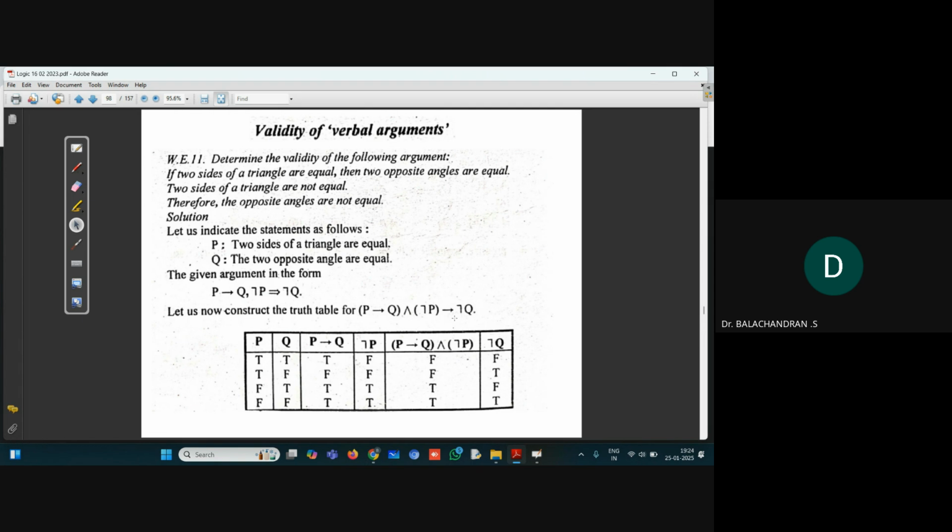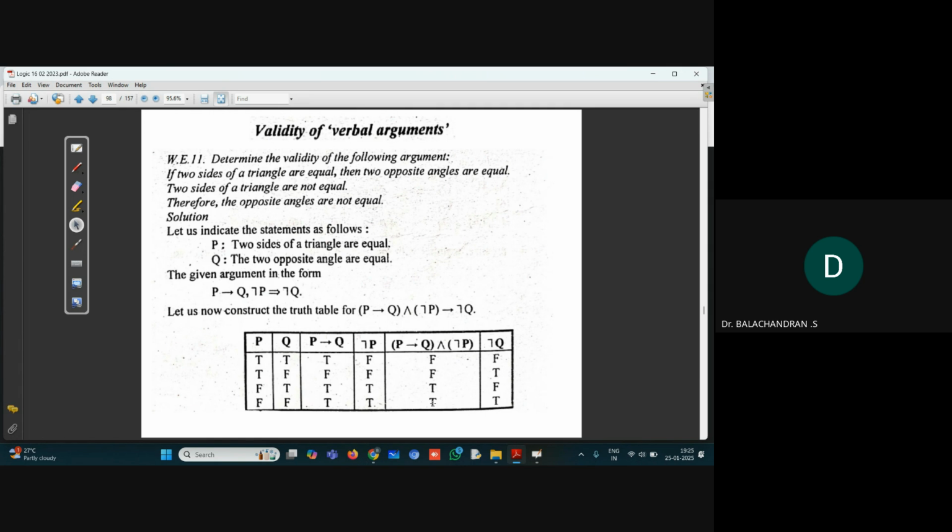Otherwise, it is not valid. You know how to find P, Q, P implies Q, negation P, and then P implies Q and negation P. Up to this, everything you know. There is no need to explain because you know truth tables very well.